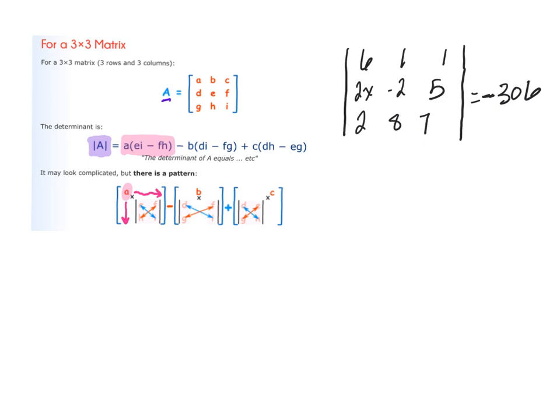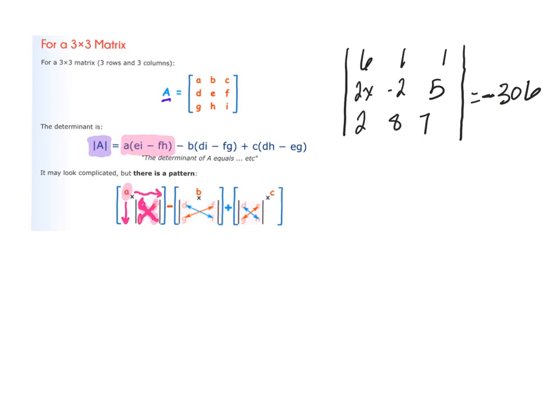So I say E times I minus H times F. I always start with my upper left corner and multiply that one times the cross one, kind of like when I'm multiplying with fractions. I always start with the upper left and cross, then the lower one and cross, and I'm subtracting them.